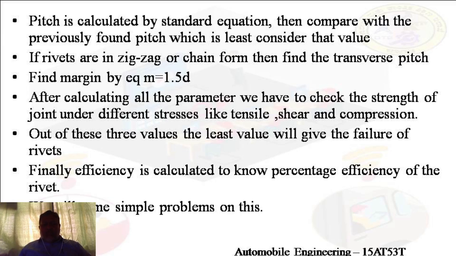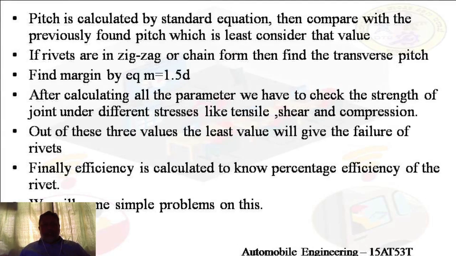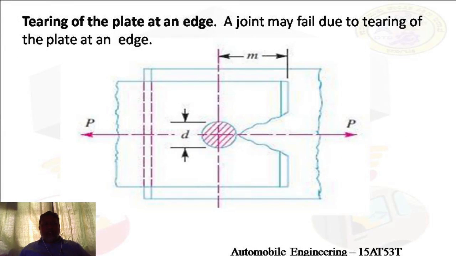Before that, we have to know something about tearing, shearing and crushing. Let us go through the diagrams. That is the plate. Basically the plate will tear due to tensile stress. It may tear at the margin.